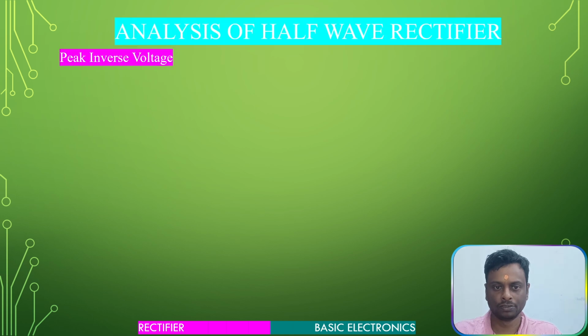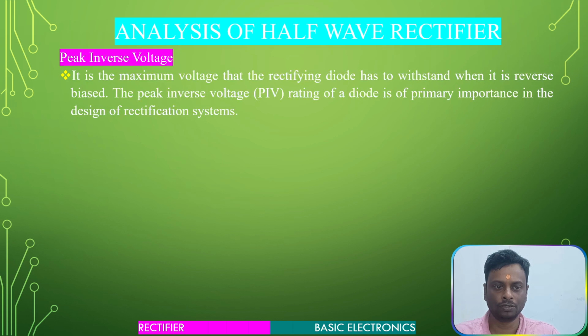So, peak inverse voltage. It is otherwise known as the peak reverse voltage. It is the maximum voltage that the rectifying diode has to withstand or resist when it is reverse biased. The peak inverse voltage of a diode is of primary importance in the design of rectification systems.